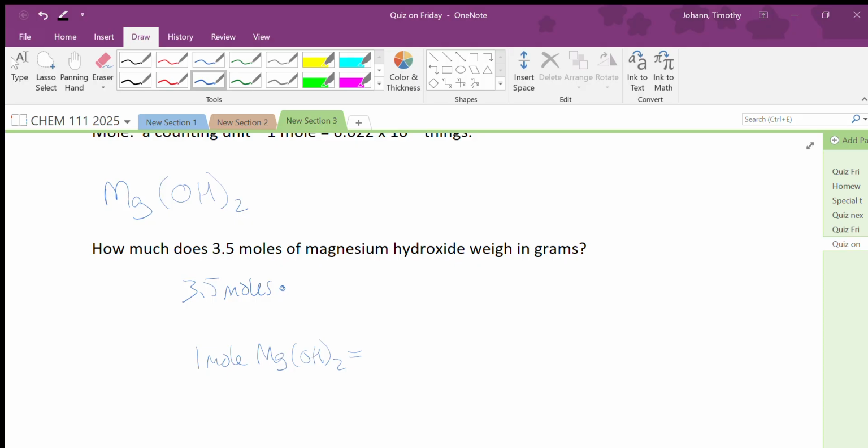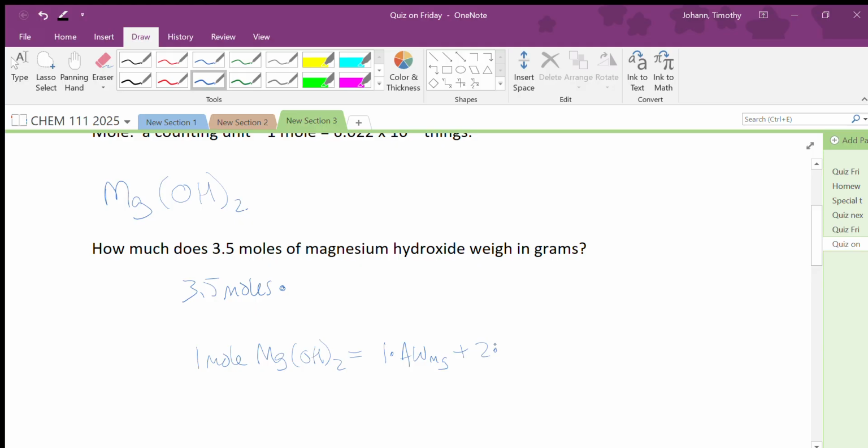I'm going to add all the masses and I'm going to take them off the periodic table, right? So it's going to be equal to, and I think I'll stretch this out and do a second equals here. It's going to be 1 times the atomic weight of magnesium, plus I have 2 oxygens, you guys said.